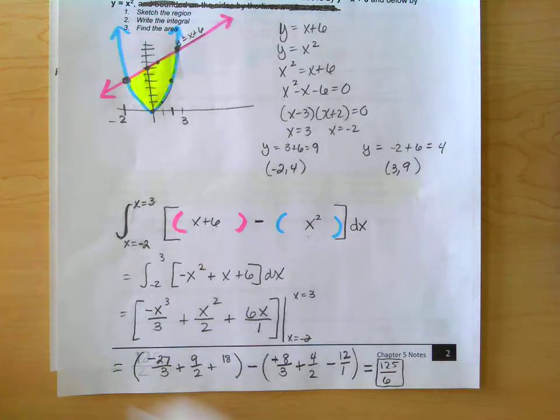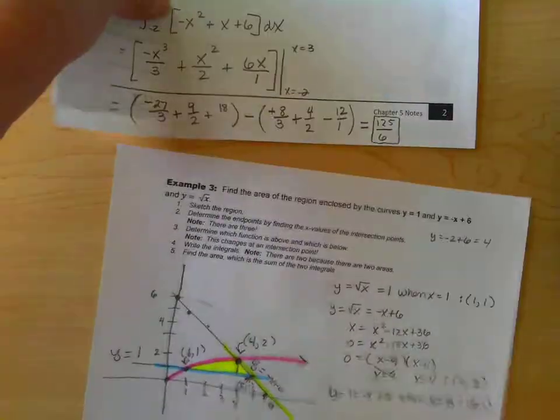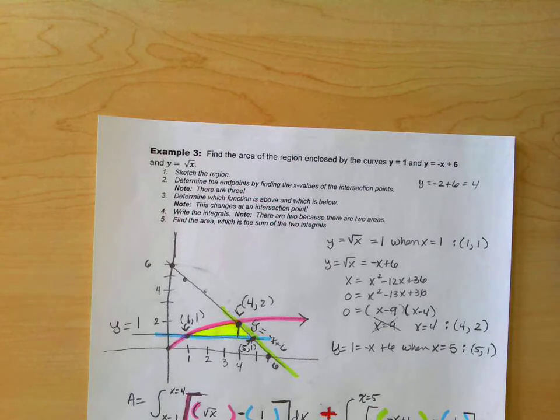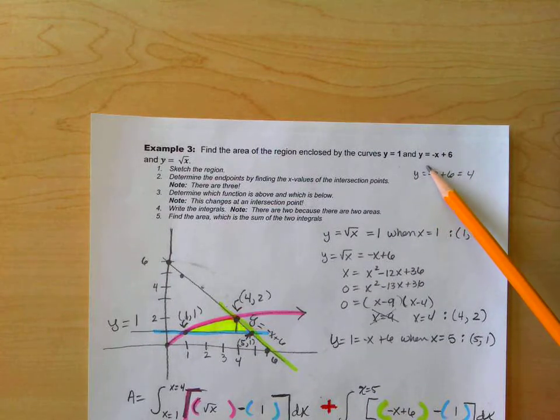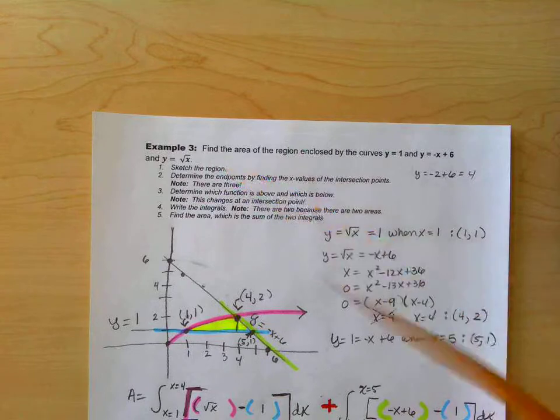Example 3 asks us to find the area of the region between three curves. We've got y equals 1, y equals the opposite of x plus 6, and y equals the square root of x.